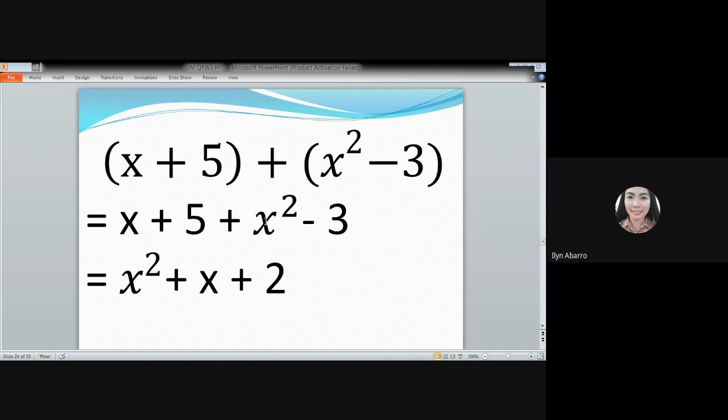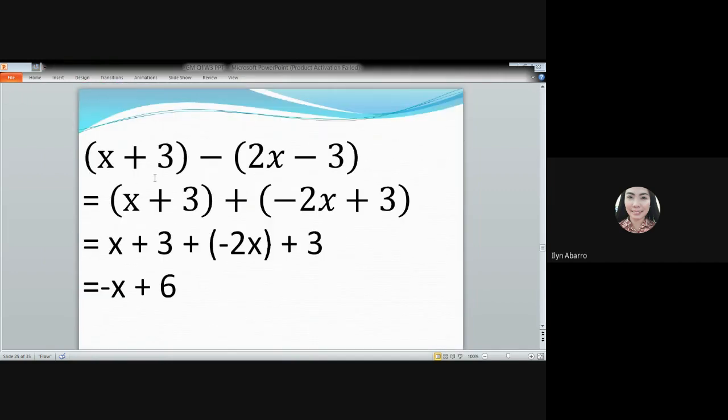So there is none. So isa lang yung x squared. So we will bring it down here. And then the next one is x. There is no other term with x. That is, we're going to bring it also down here. And then the numerical coefficient 5 minus 3 or 5 plus negative 3, that is positive 2. So therefore, our answer is x squared plus x plus 2.